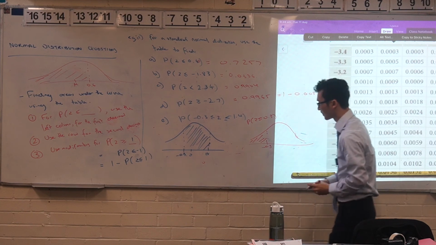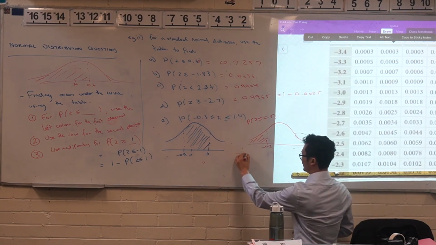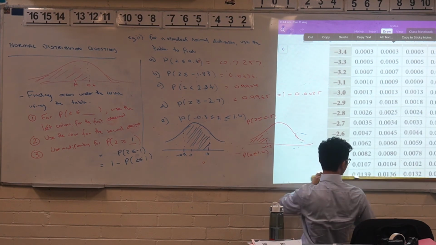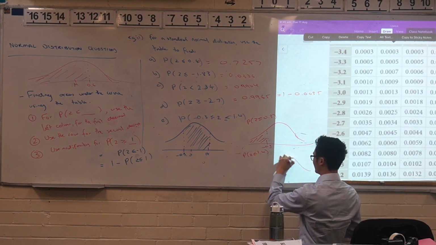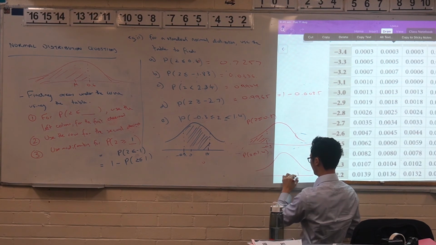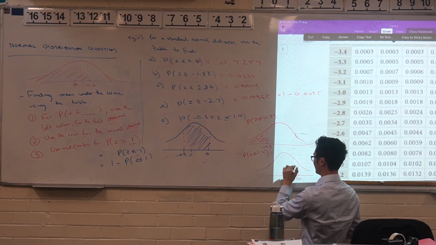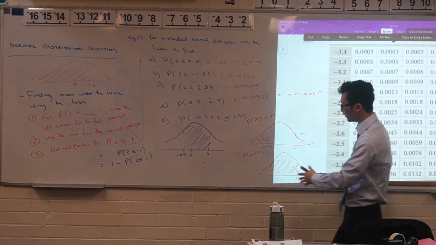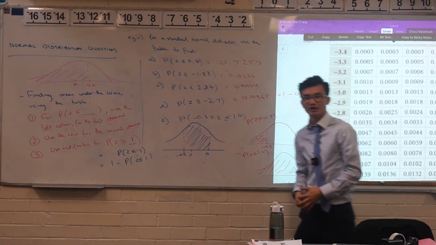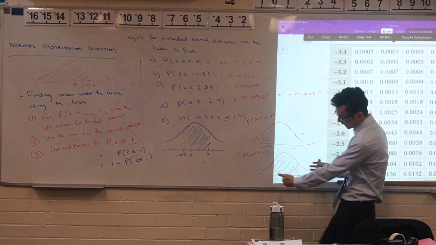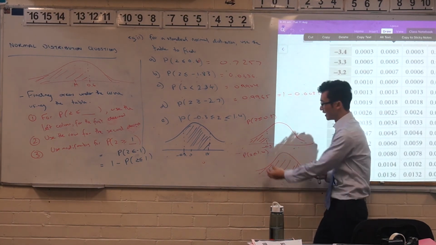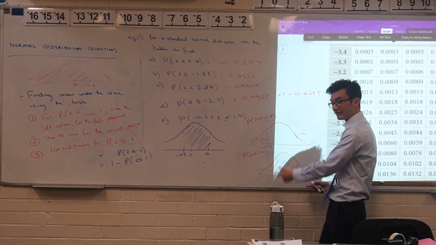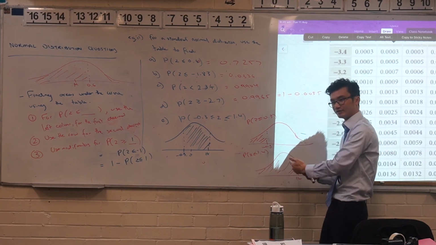And then P of Z less than or equal to 1.4 would be like this. And remember, what's the area that you're trying to find? I want the one that's in between those two. So can you see what's the extra bit that you have? If you had this whole thing here, the extra bit is this little tail here. So the idea is you would find this whole area, and you would subtract it away from this one. Does that kind of make sense?